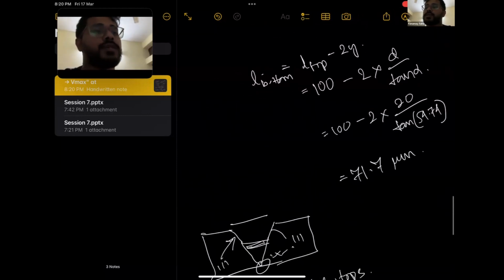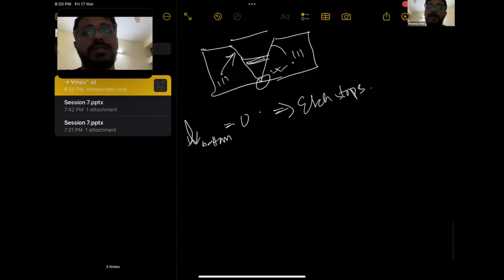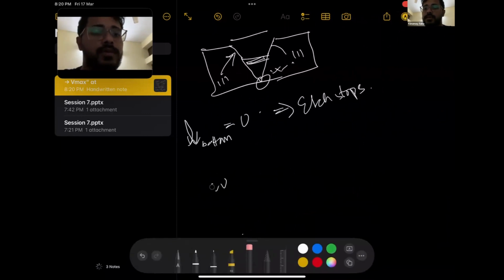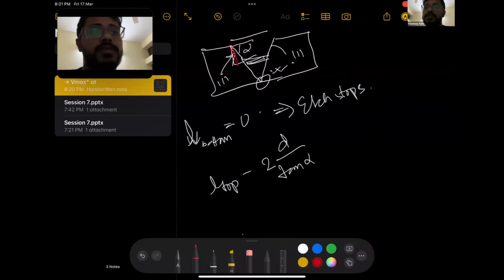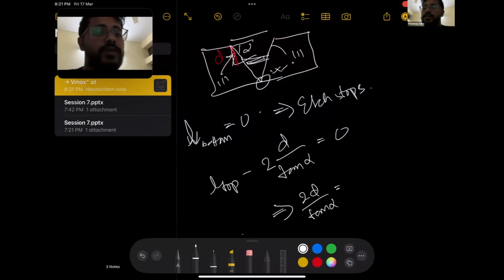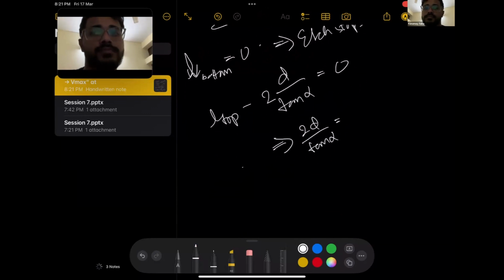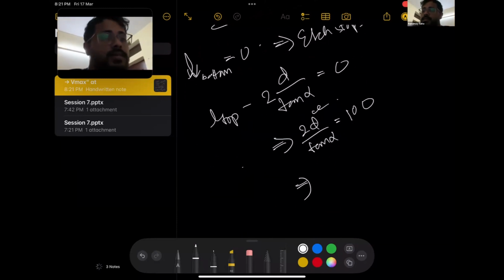Earlier you used this equation: length of top channel minus twice D by tan alpha equals 0.